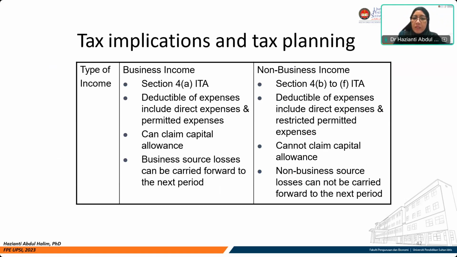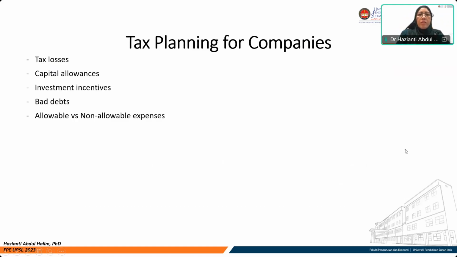But for non-business income, we cannot claim capital allowance. And non-business source losses cannot be carried forward to the next period. Only business source losses can be carried forward to the next period. All right, so this is tax planning for companies. For individual, we saw it just now, especially about the relief and also the joint and separate assessment.